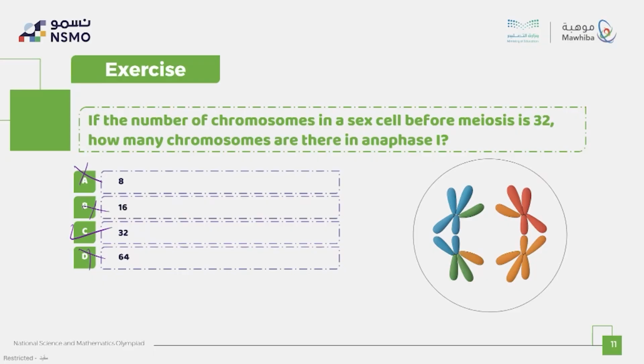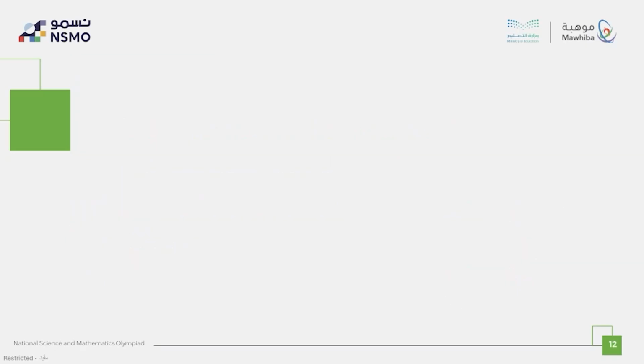The image here shows homologous chromosome pairs colored differently. They are being pulled apart as pairs, not as chromatids. This confirms the stage is anaphase 1, where the chromosome number remains the same. This is the tricky one. Do you get it? Moving to the last exercise.